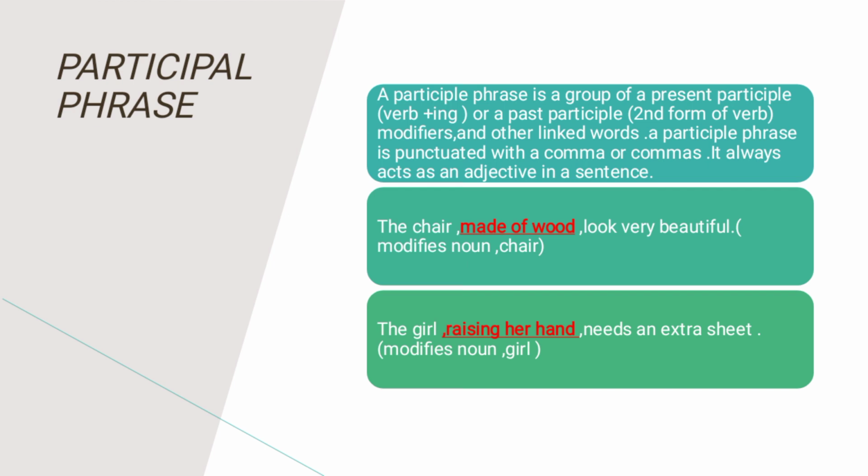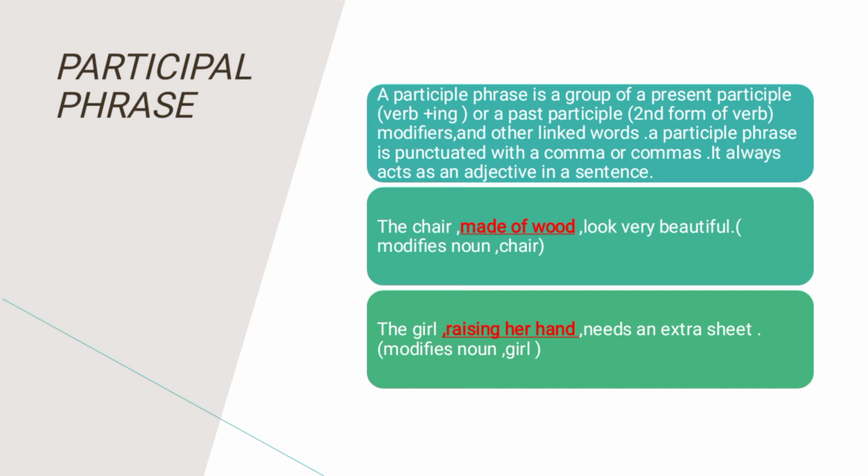The chair made of wood looks very beautiful. Made of wood is a past participle phrase here, and it acts like an adjective in a sentence that modifies the noun chair.